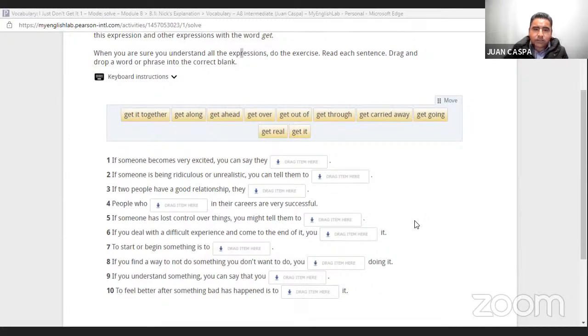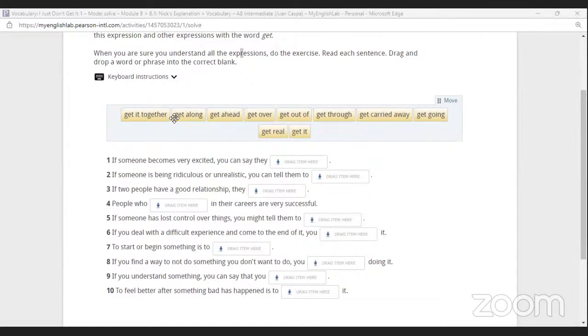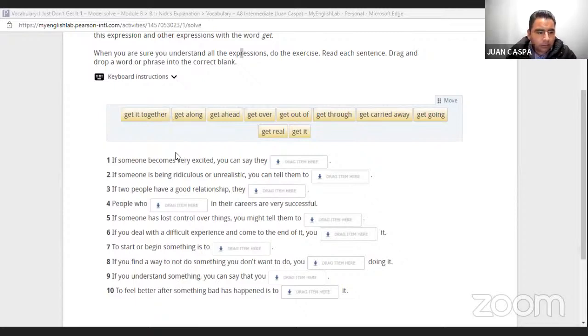What about this? For example, if someone becomes very excited, you can say they get ahead. Get ahead.